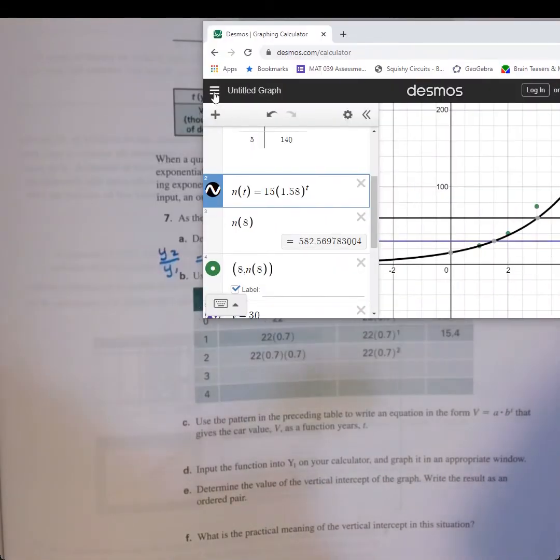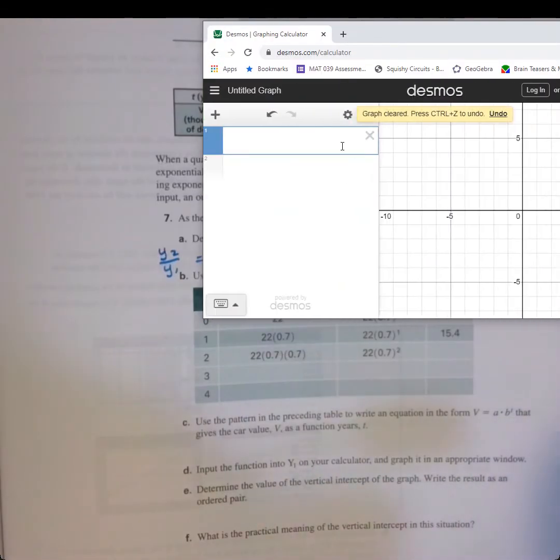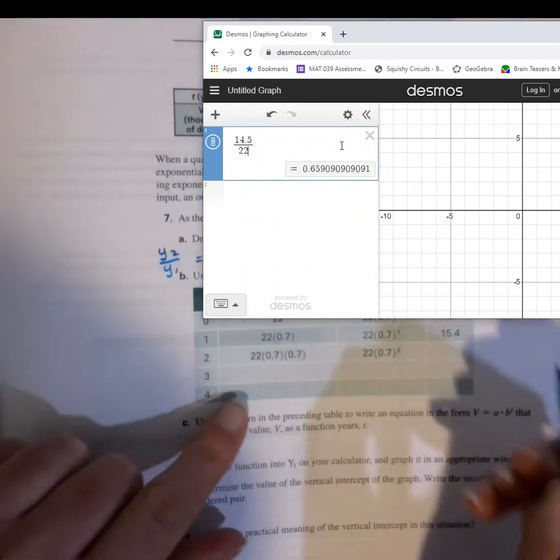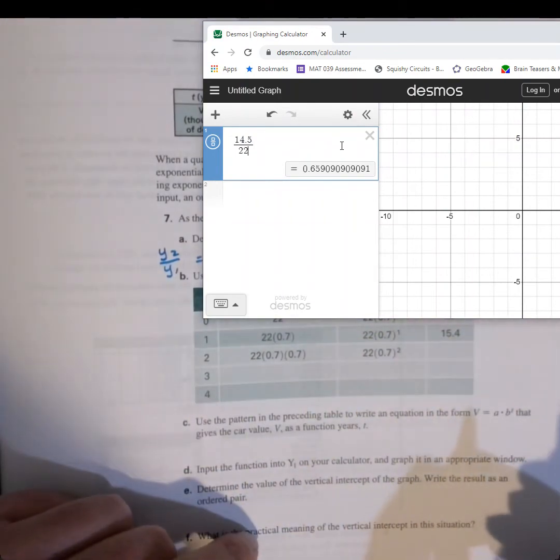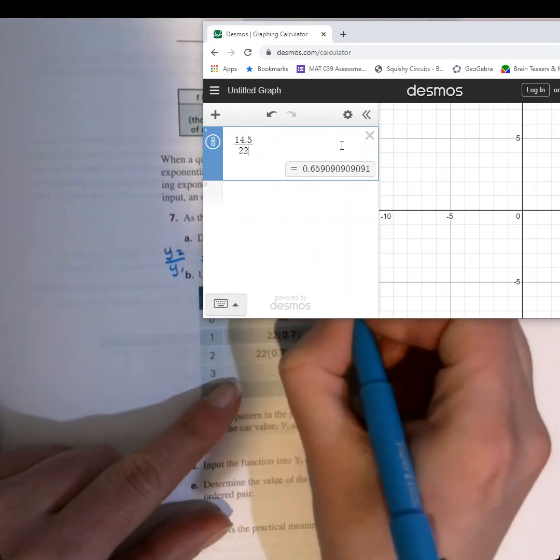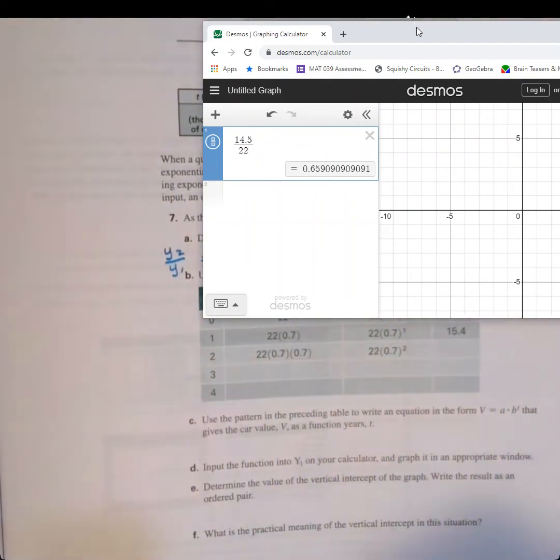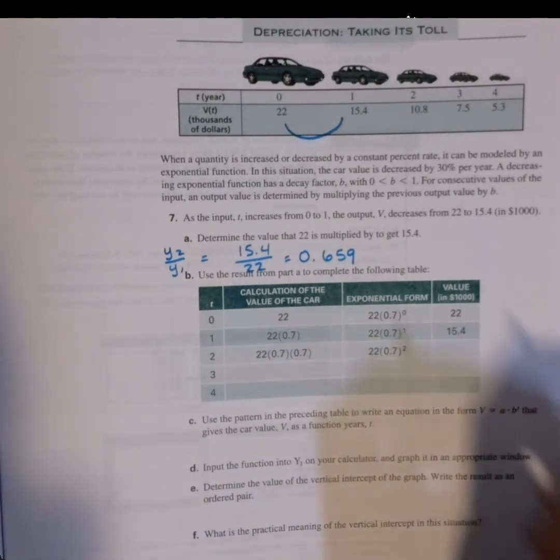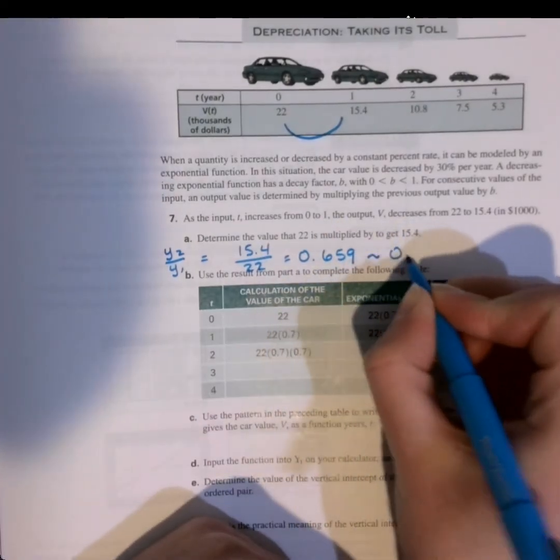So I will take our 15.4 divided by our 22. So I'm going to get 0.659. And they've gone ahead for the next part of the example to round this to 0.7.